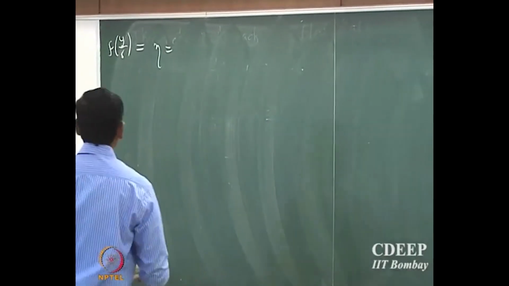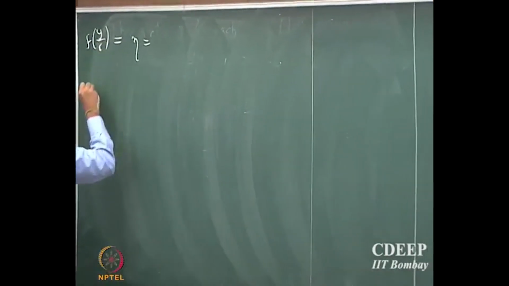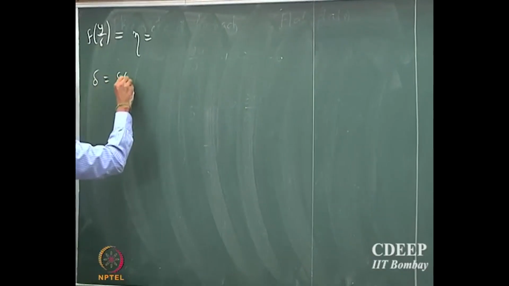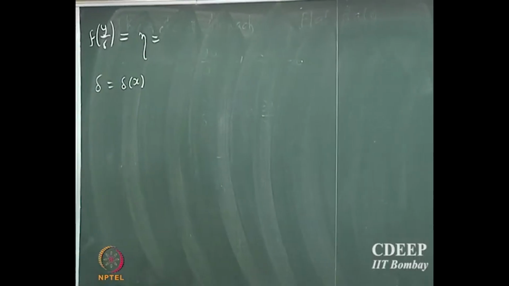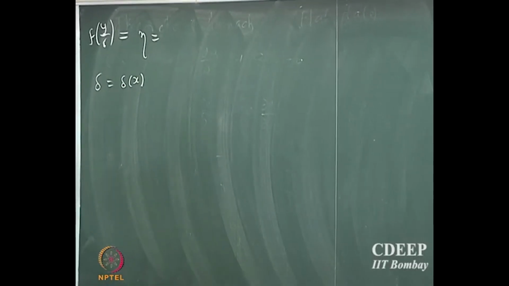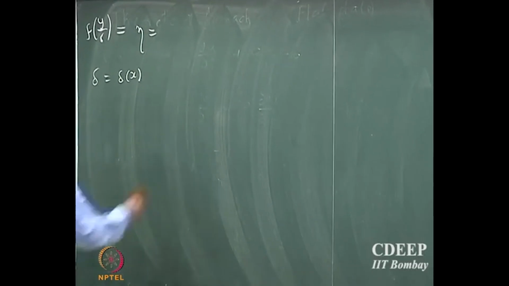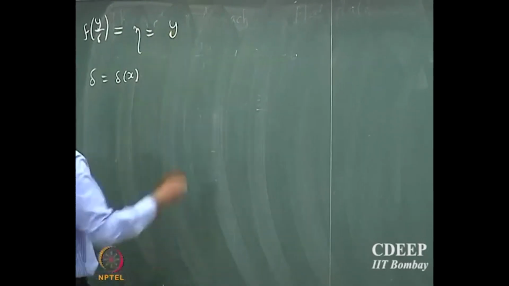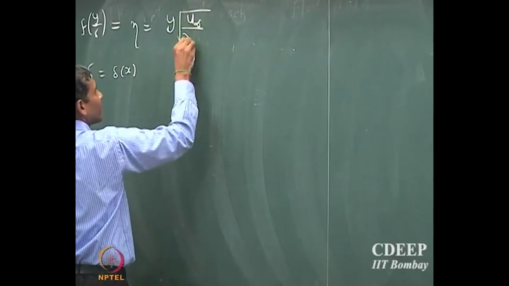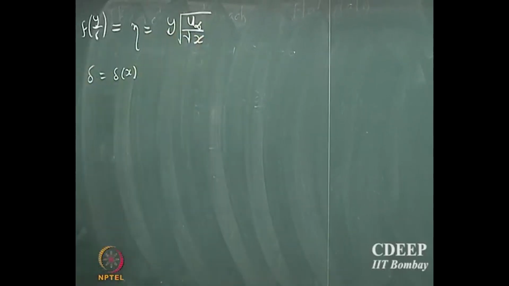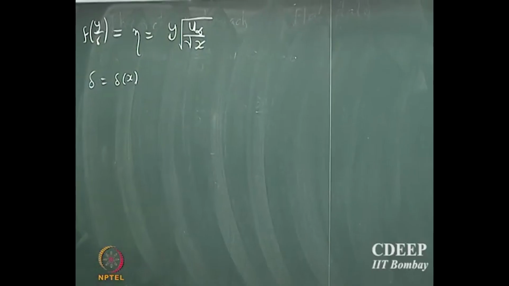Note that delta is a function of the x position. Depending upon where you are located, the height of the boundary layer is different. So you define a new quantity, which is y times the square root of u infinity by nu into x. That's a new quantity.